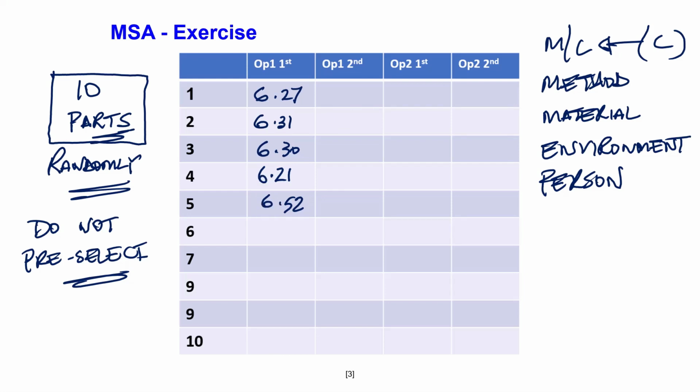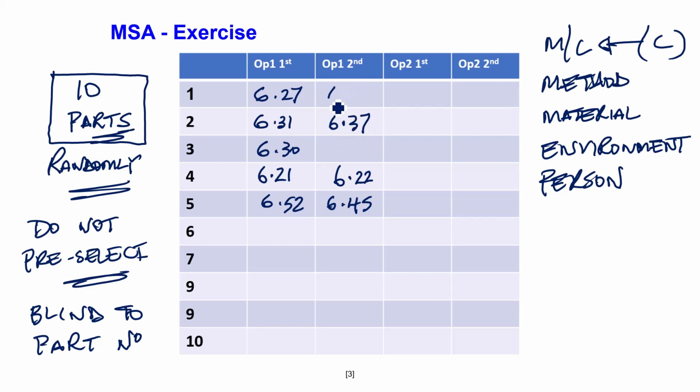Something which is very important, the measurement system must be blind to the part number. So in other words, when you give back part number 5, you will do so randomly. So you can give the part out first 1 to 10, not a problem. But second time, give it back in random order and the measurement system mustn't know that this is part number 5. And they have a second attempt to measure it again. You give them back randomly.